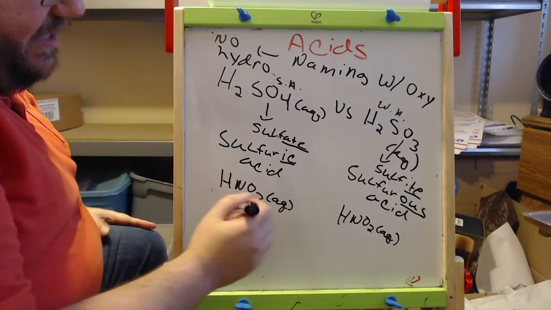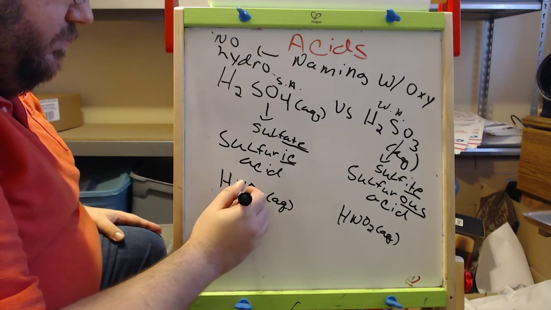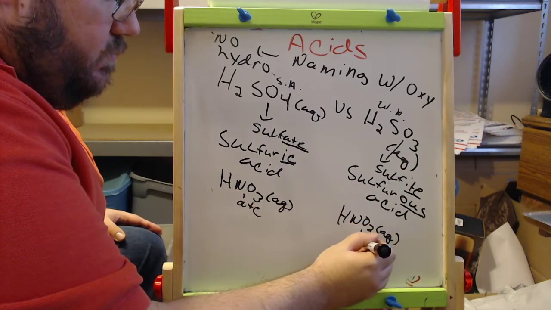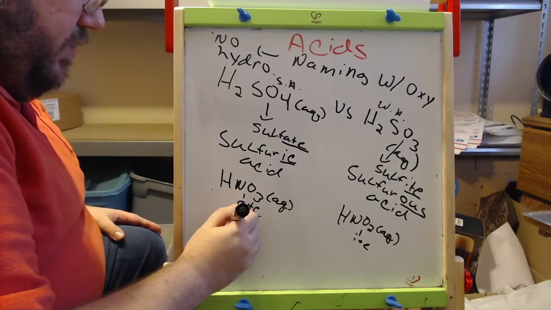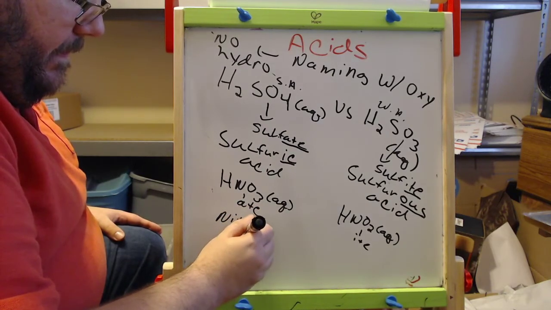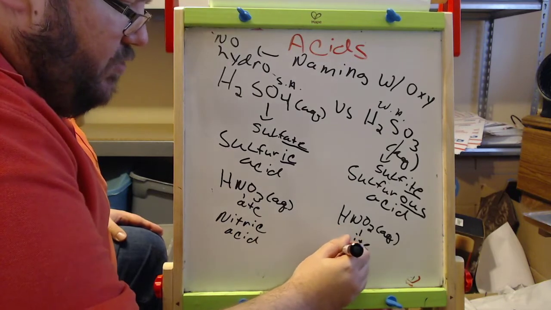So this is nitrate, and this is the ite, which means this will be nitric acid, and this will be nitrous acid.